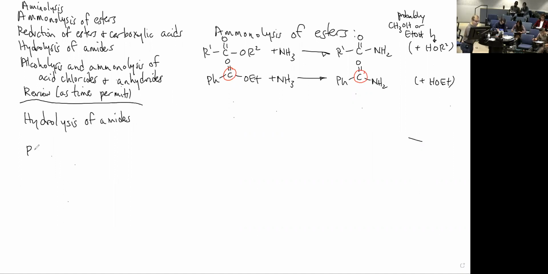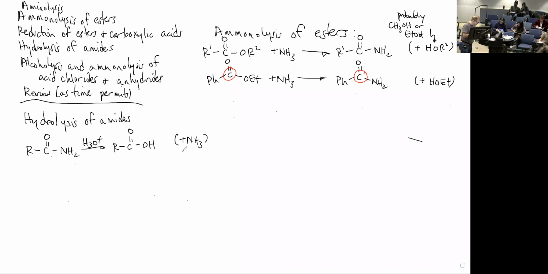And in general, if you take any kind of amide and you treat it with either aqueous acid or aqueous base followed by aqueous acid, you can do it either way, just like you can hydrolyze esters in either acid or base, you can hydrolyze amides in either acid or base also. And in the end, I would expect that you would get the corresponding carboxylic acid plus a molecule of ammonia.